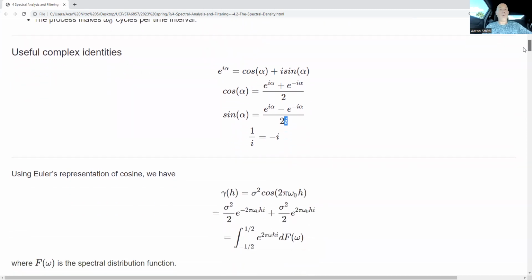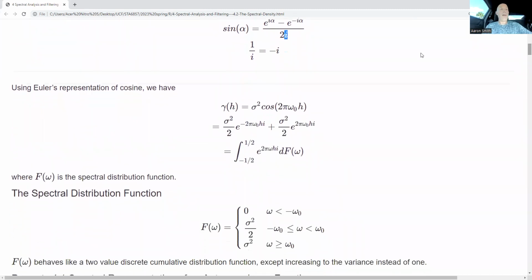If I take Euler's representation of cosine, we'll get very naturally that the autocovariance for the process we were just looking at is sigma squared times cosine of 2 pi times omega times the number of lags. I can rewrite this in terms of those exponentials.